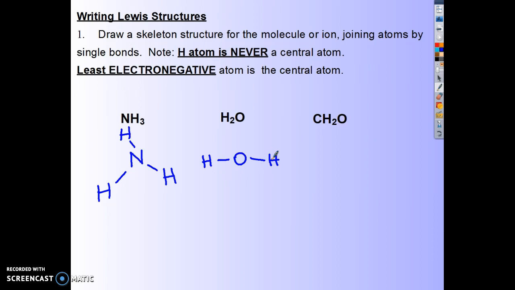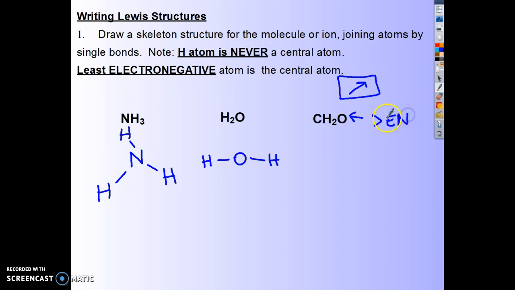Finally, we get to the next one, and this one is actually going to have electronegativity more important, because now we have 2 things that are different from hydrogen. Remember, on the periodic table, the electronegativity increases as you move up and to the right. Oxygen is a little further to the right on the periodic table than carbon, so that means oxygen is more electronegative.